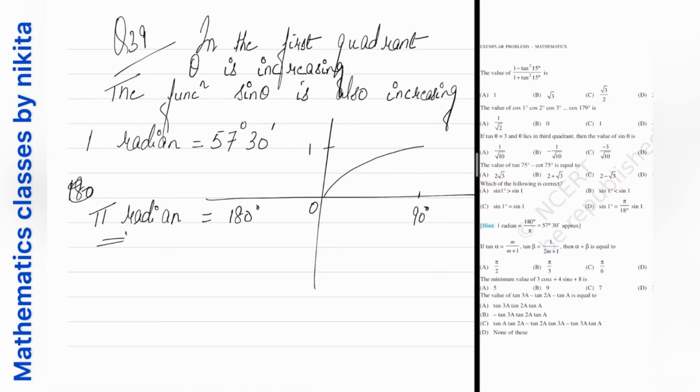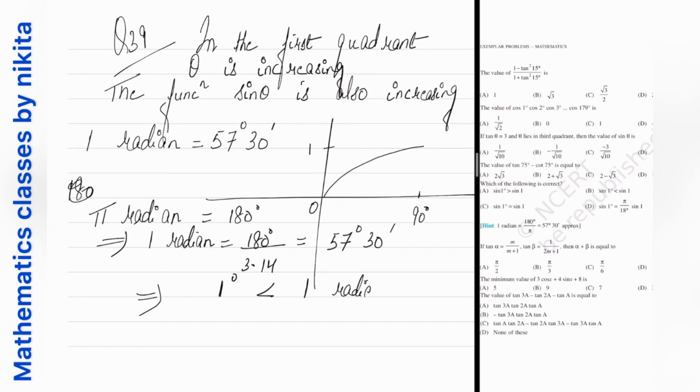So this implies that 1 radian is equal to 180 degrees divided by 3.14. If you divide by pi, you will get the value 57 degrees 30 minutes. So this implies that 1 degree is less than 1 radian. When you don't write any unit, it means it is radian.